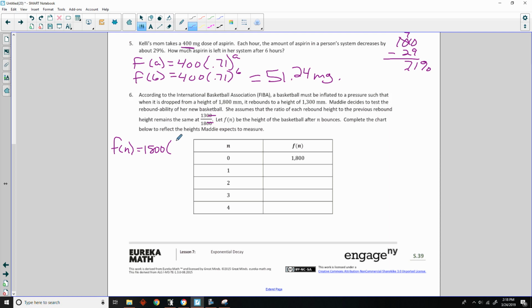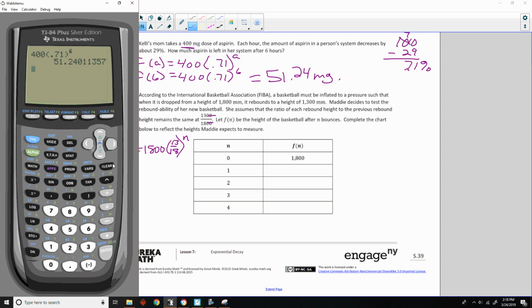We take that 13/18 to the power of how many times the ball bounces. So I get my calculator out and put this formula into y equals: 1,800 millimeters times 13 over 18 to the power of a variable.